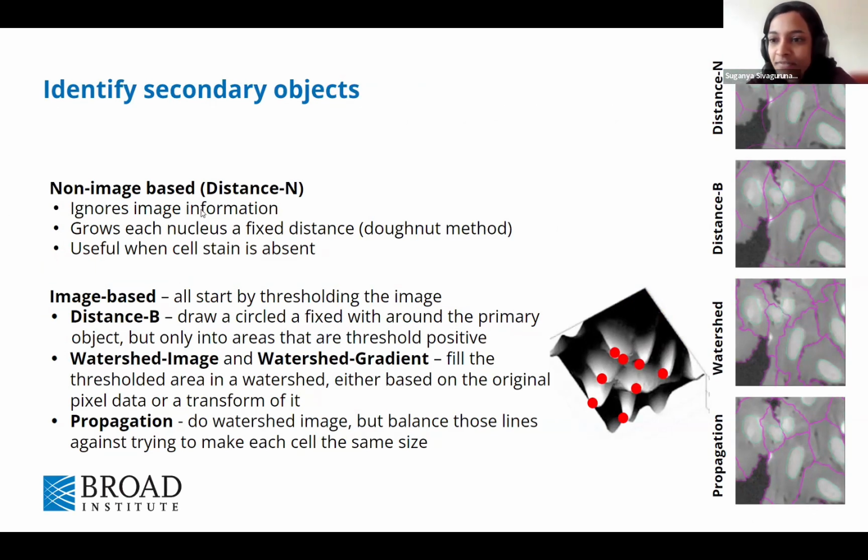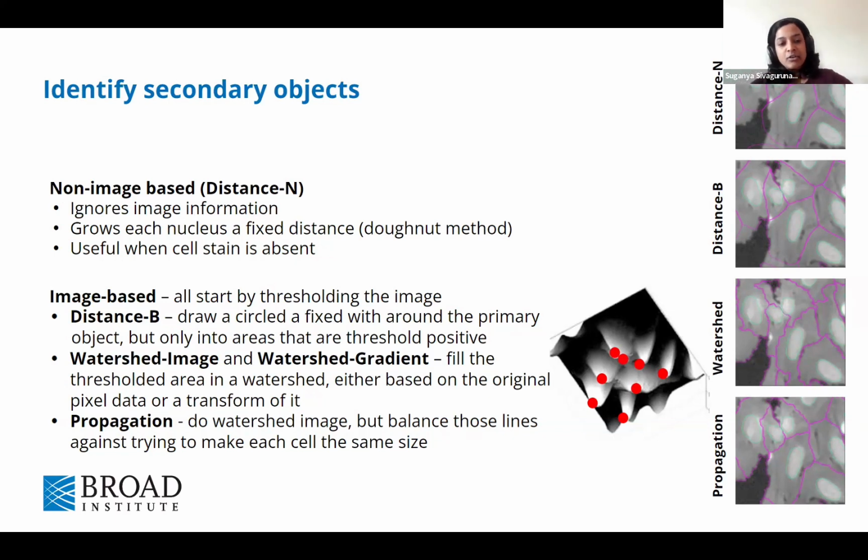One is Distance N, where your input seed object is taken and a circle is drawn around it to a certain distance that you specify in the settings, and it does not depend upon the staining intensity of your images. Distance B draws a circle around your input objects to a distance where there is staining intensity in your images.